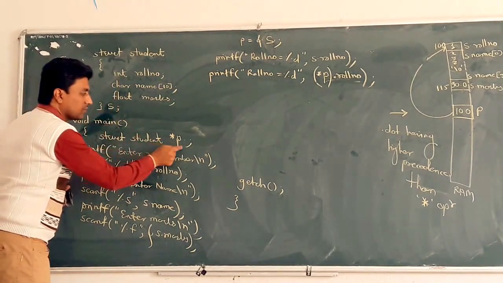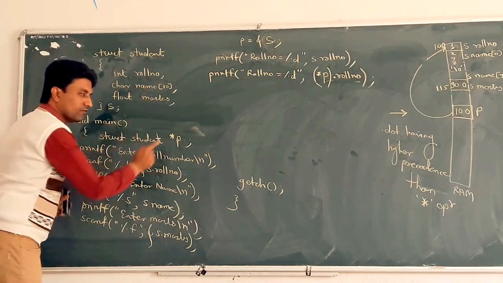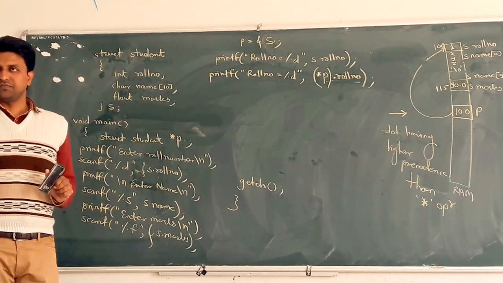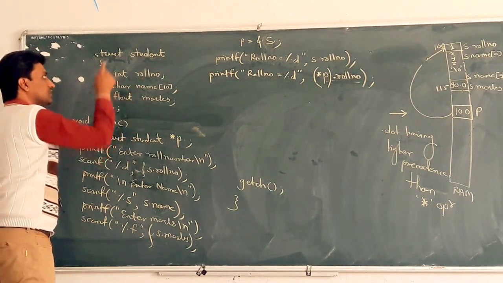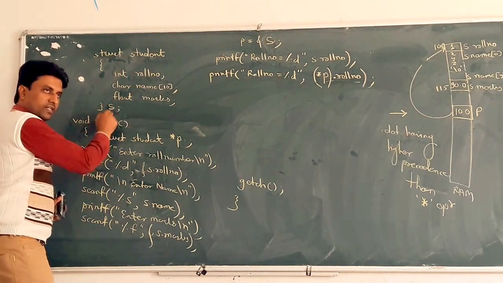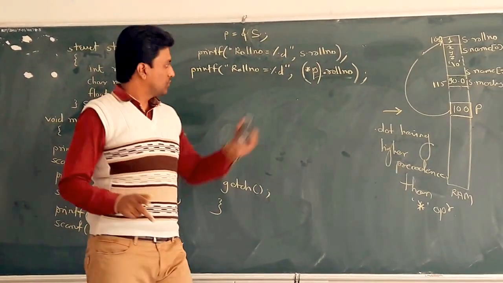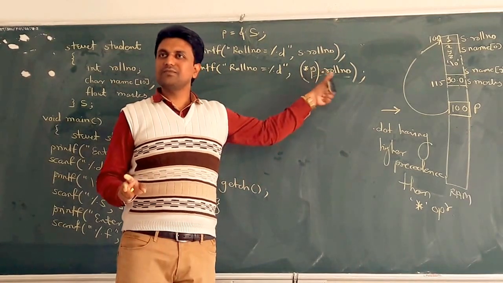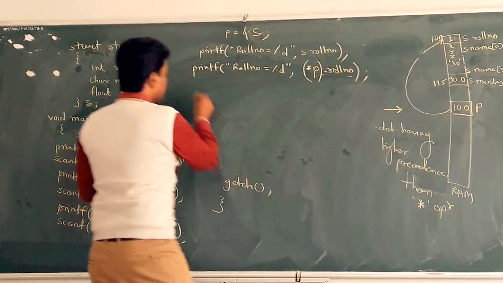There is one general slogan. Using a pointer type of structure variable, you want to access the data members of the structure. What do we use? Arrow operator. And if you access data members of the structure using a simple structure variable, then what do you use? Dot operator. Clear? Using this also we can access, but it is somewhat difficult to understand. Instead of that, how can we write?